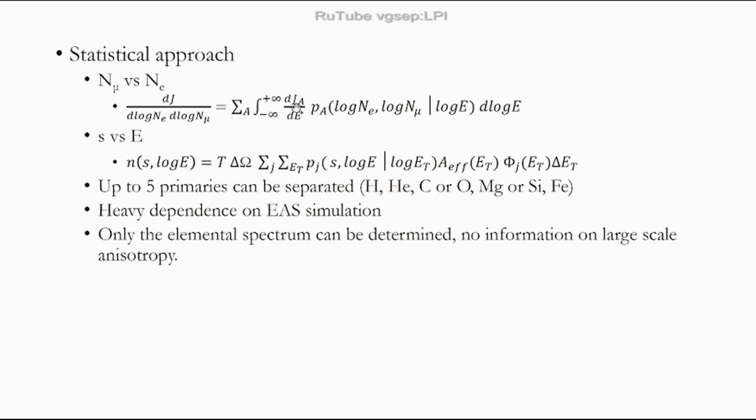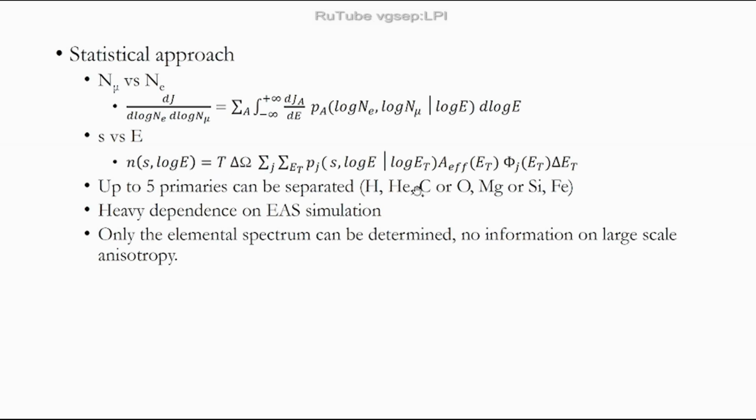And this term is what introduces in this technique a huge and strong dependence on the extensive shower simulation. Another approach is the one used by the HAWC collaboration, which makes a plot of the shower age versus the energy of the primary particle. N is the number of events observed in a bin of shower age and primary energy.